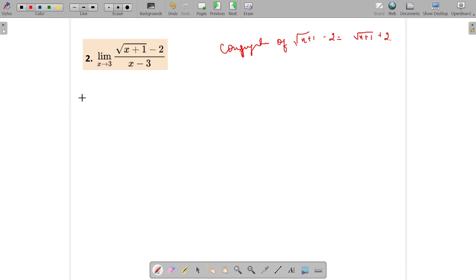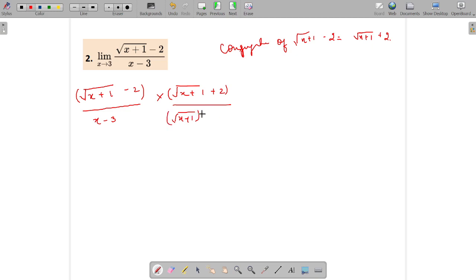So let's take the function outside. We have this function root x plus 1 minus 2 over x minus 3, and we multiply it with the conjugate of this numerator, which is root x plus 1 plus 2, over root x plus 1 plus 2.